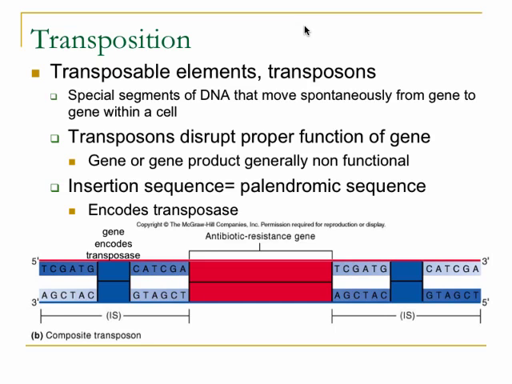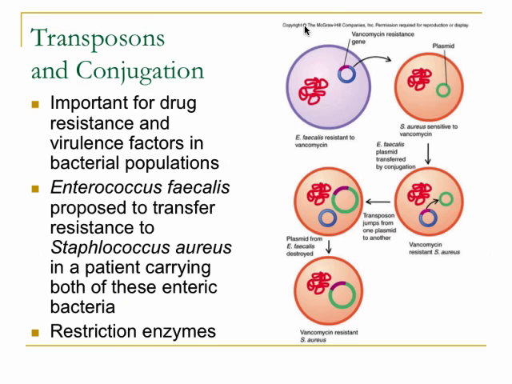When they are transferred, they can recombine and disrupt a functional gene. So if it sits down in the middle of a coding sequence of another gene, the mRNA won't be in the proper sequence to make a functional protein. And they can also, in the case of this type of composite transposons, transfer new genes to another bacterium during the process of conjugation.